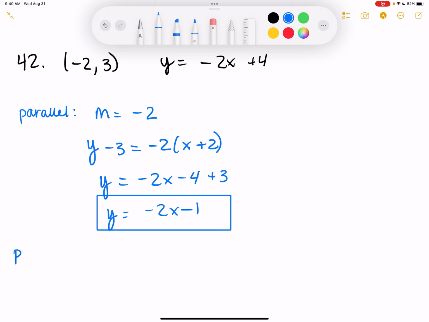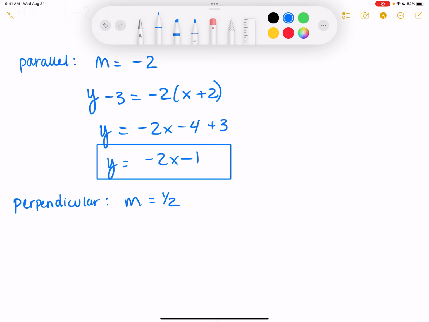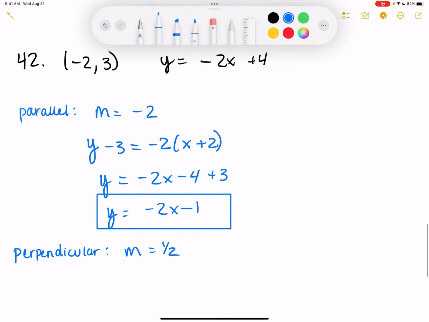All right, what about your perpendicular one? What is the slope for that? Negative 1/2, or is it positive? Okay, so it's the opposite inverse, so the slope is 1/2. Still using point slope form.